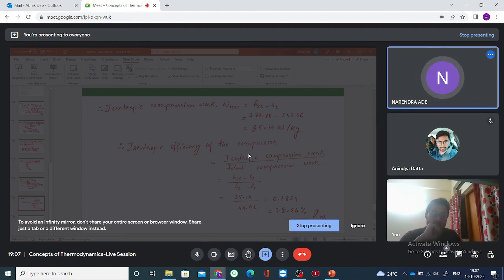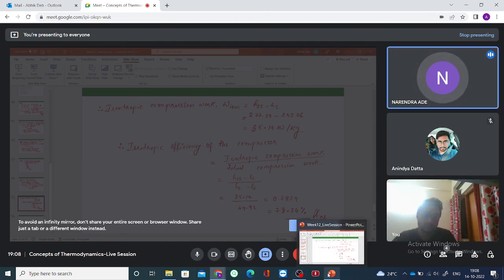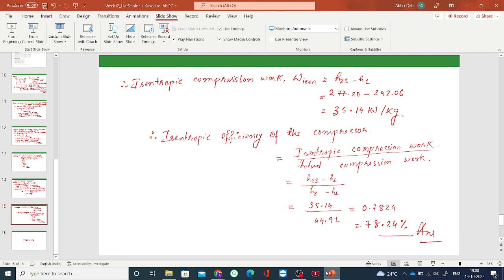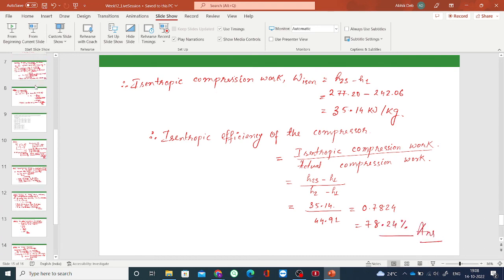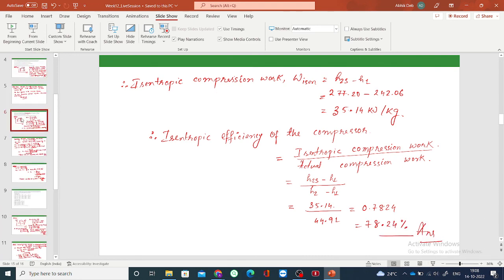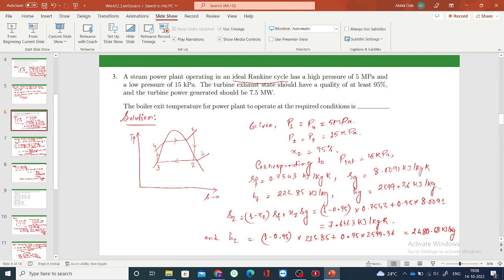Yes, it is clear. Sir, these things are just opposite in the turbine, I think. In the turbine, the actual work is less and the isentropic work is more. Yeah, in the turbine, this is a compressor. So if we consider this, the actual work is 1 to 2, but the isentropic work will be like this, so it will be lesser.